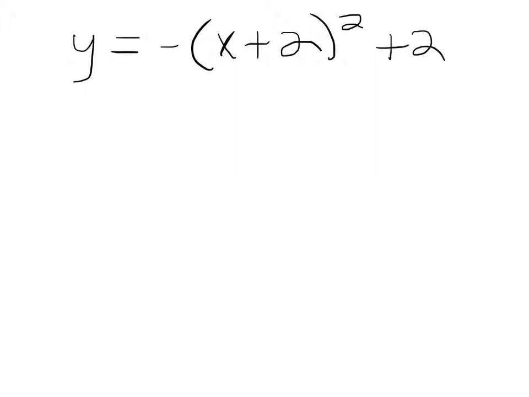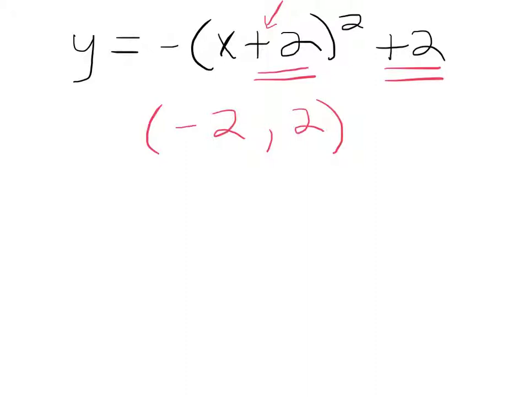This particular example is in vertex form, so the vertex is really easy to see because it's sitting right there. Now remember, the generic form has that as a minus sign. So that means that our vertex is actually at -2, +2. Okay, so if it's in vertex form, it's right there for you.